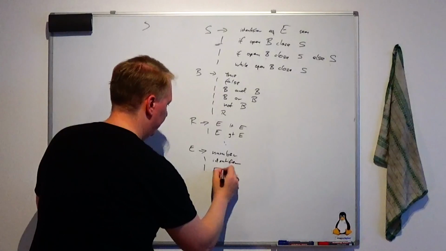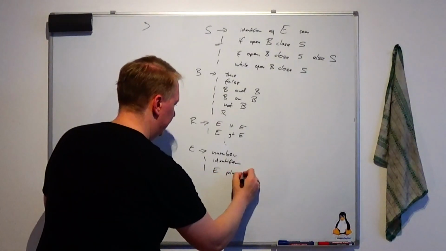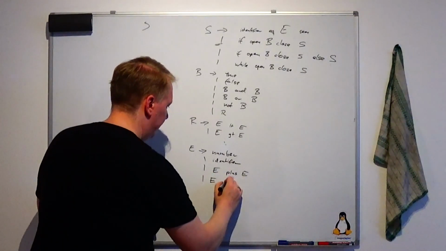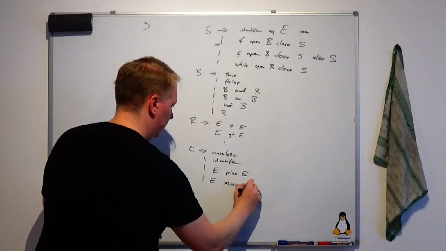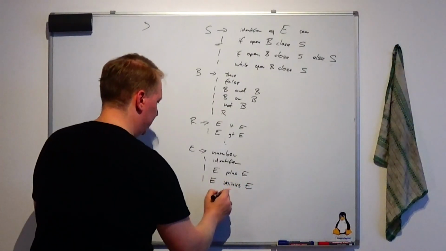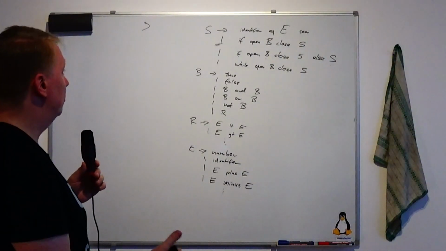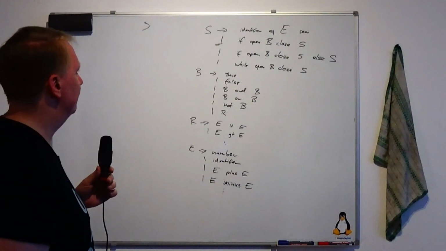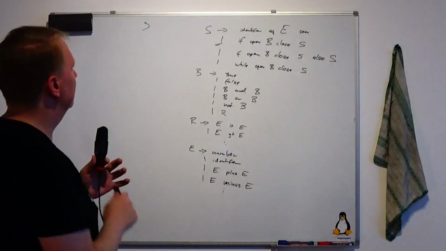Then you could have an arithmetic expression plus another arithmetic expression, minus an arithmetic expression, and so on. And that already defines a huge part of a programming language, except right now we can only have one statement.